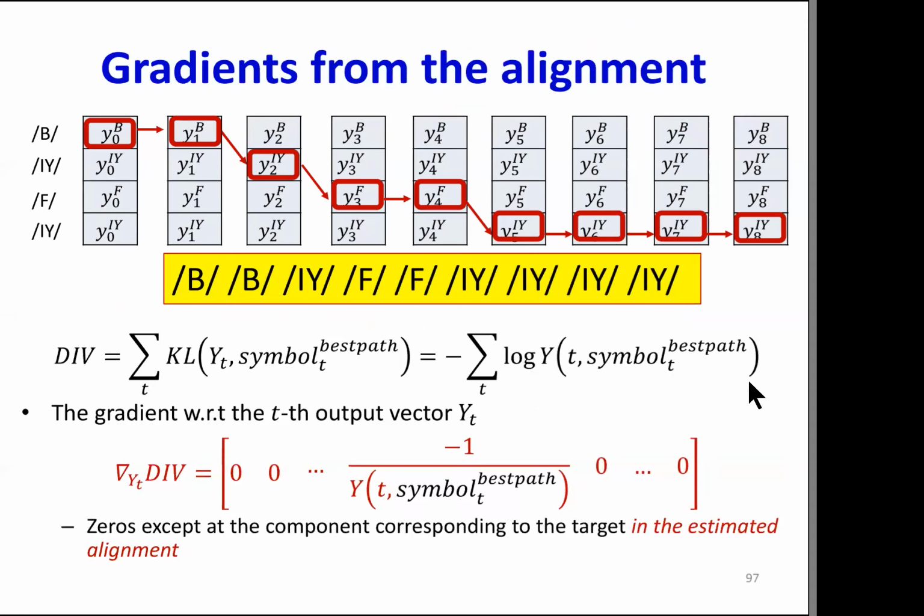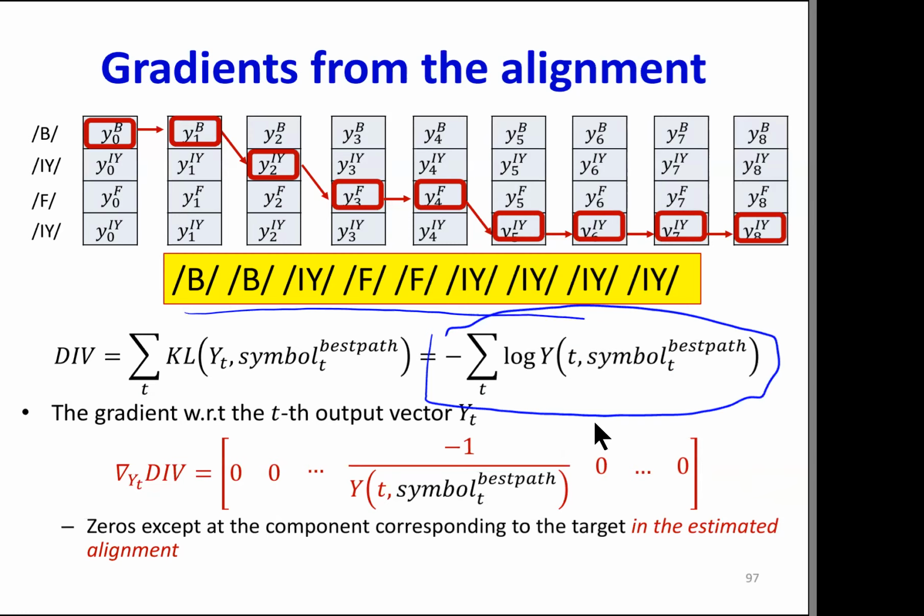So is this formula making sense? I'm assuming it's making sense to everybody, okay? Basically, I'm summing over all time, and at each time, it is the negative of the log of the probability assigned to the aligned symbol at that time.